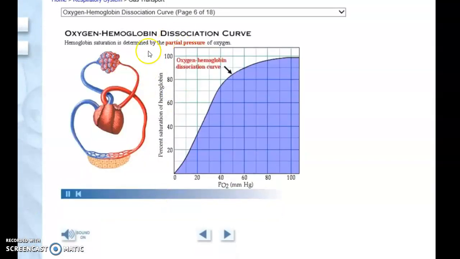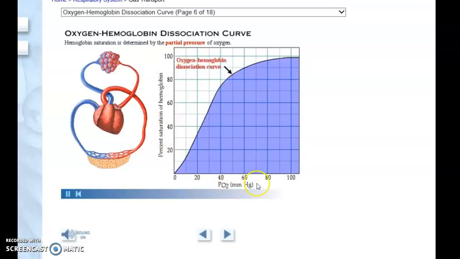Okay, let's see if we can interpret what's going on in an oxygen hemoglobin dissociation curve. In this curve, notice what we've got. We've got an axis that shows the percentage saturation of hemoglobin. In other words, if you were fully saturated, it'd be at 100%.